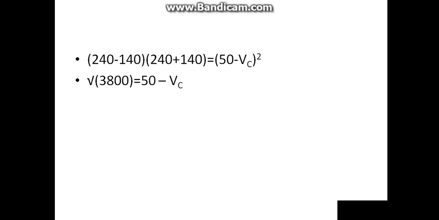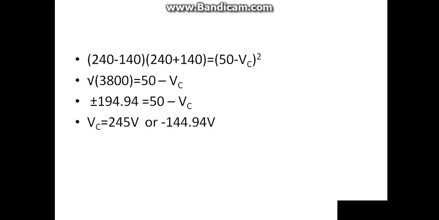The square root of 38000 is equal to 50 minus VC. Then VC, plus or minus 194.94 is equal to 50 minus VC. VC is equal to 245 V, or minus 144.94 V. Therefore, VC is equal to 245 V.